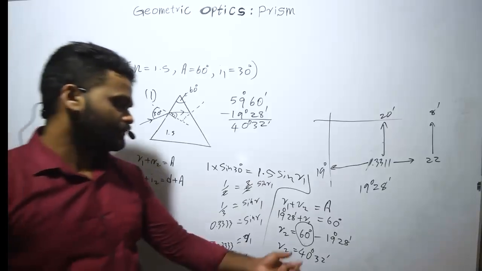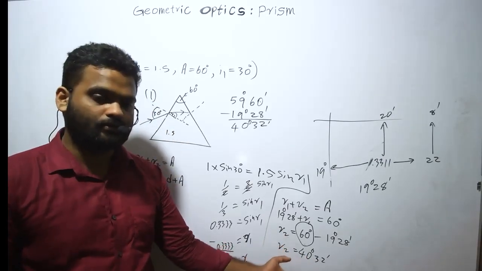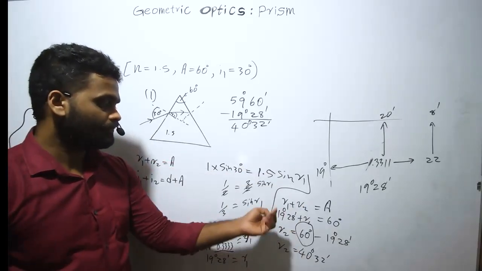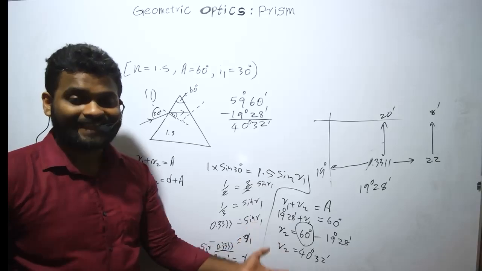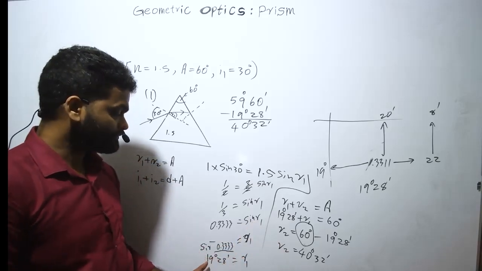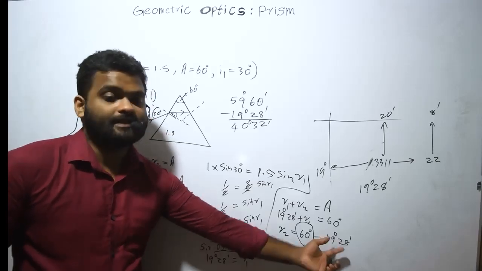When you're learning, you must be able to do this, right? Otherwise, you don't know optics. You have to find this when you are doing Snell's law. There's no way around. So for R2, we have 40 degrees and 32 minutes.